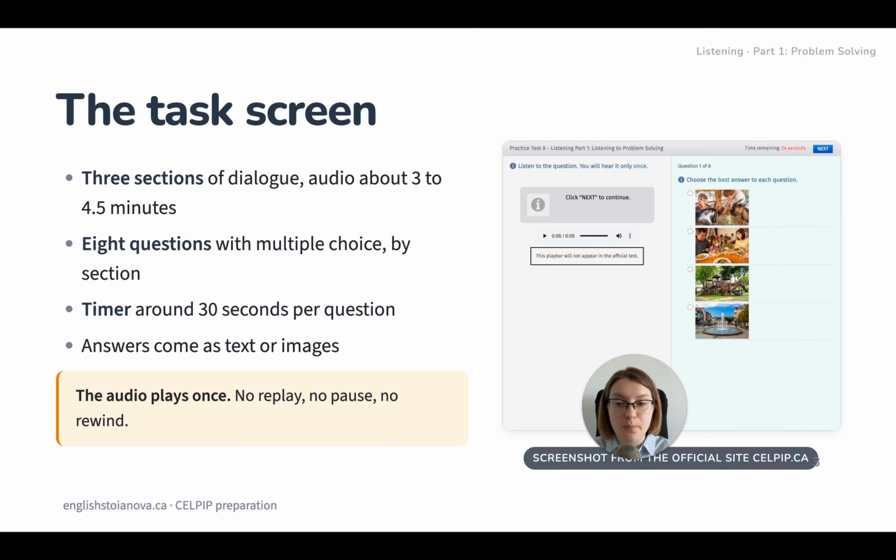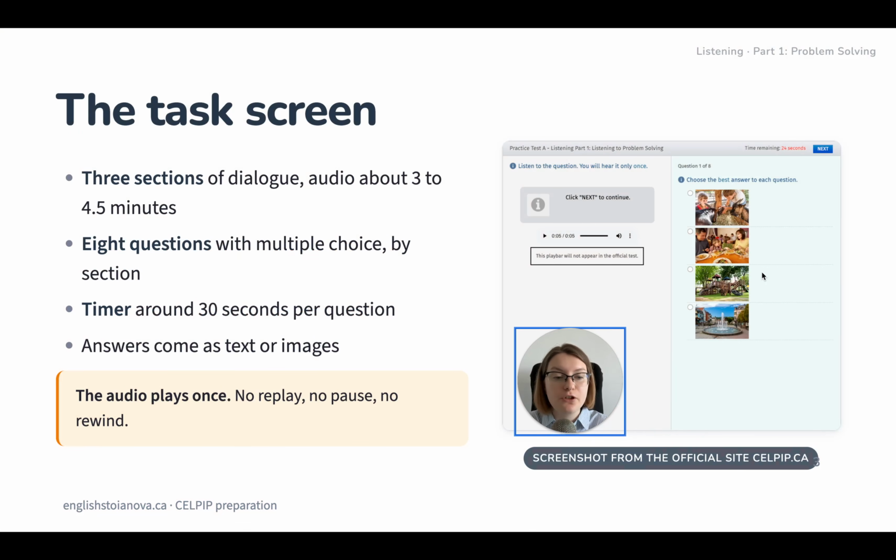First, task format. This is a screenshot from the official website, celpip.ca. The first part is called Listening to Problem Solving, and it consists of 3 sections. Technically, about 4 minutes of audio is broken into 3 sections. You listen to the first bit, it's 1 minute, and then you hear 2 questions.